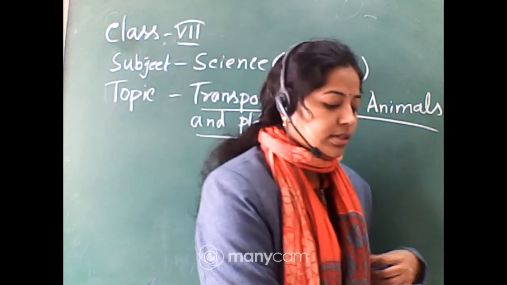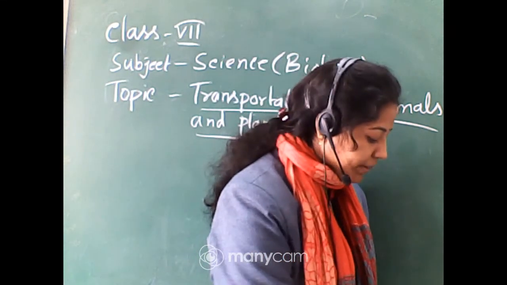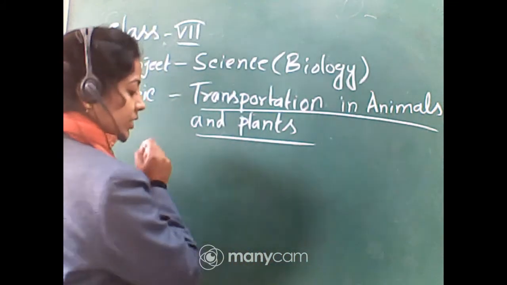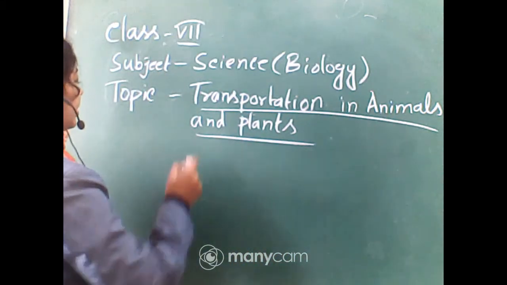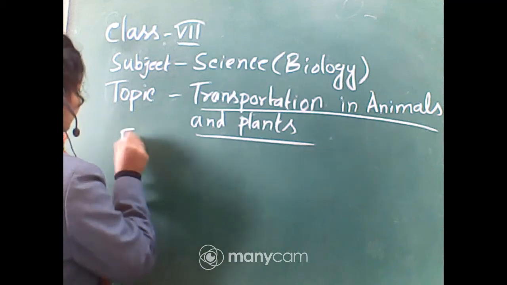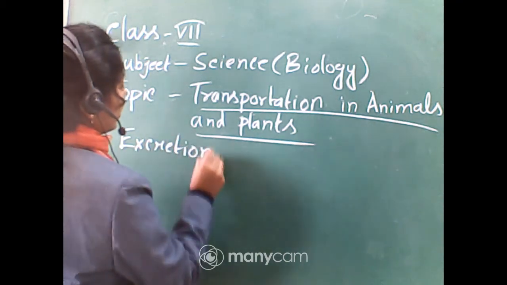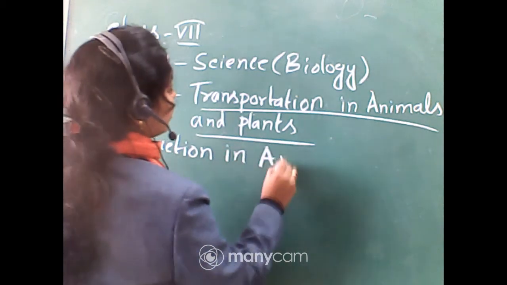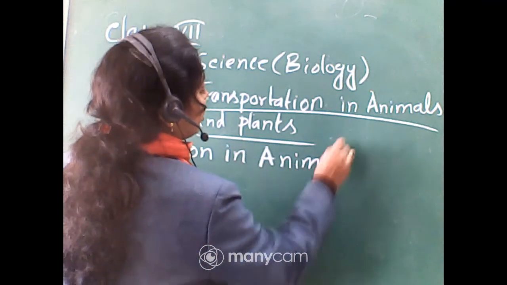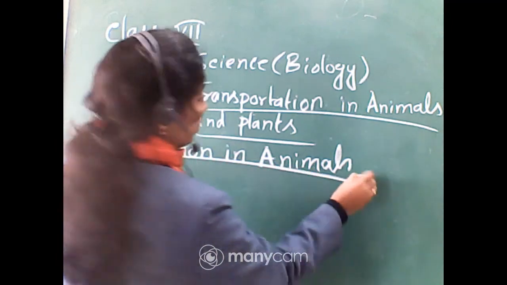Now, I'm starting your today's topic, that is the excretory system in animals, or excretion in animals. Do you know what excretion is? Can you recall the chapter Respiration in Organisms?